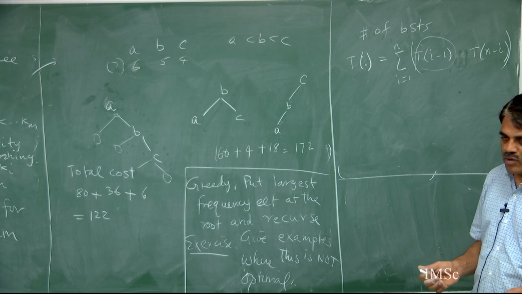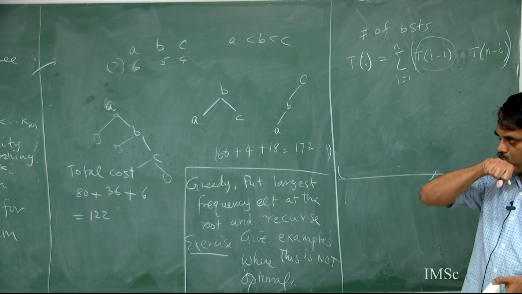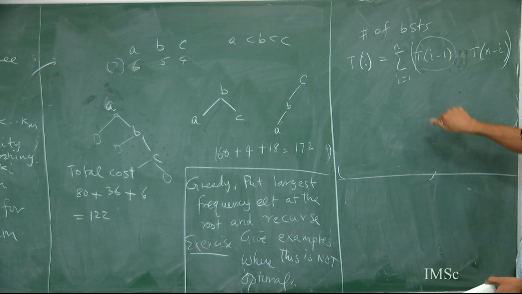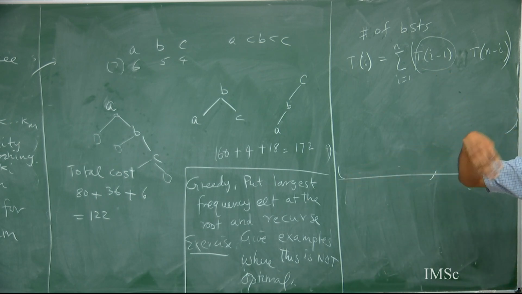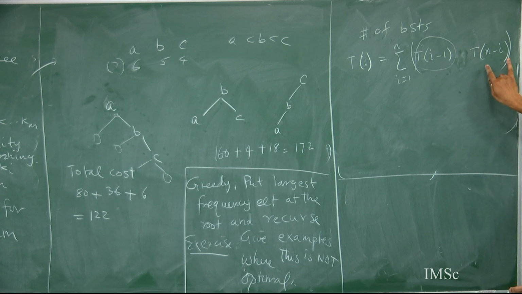So, what are the subproblems? It is very similar to matrix multiplication and the RNA sequence problem, where we have 1 to i minus 1 and then i plus 1 to n.